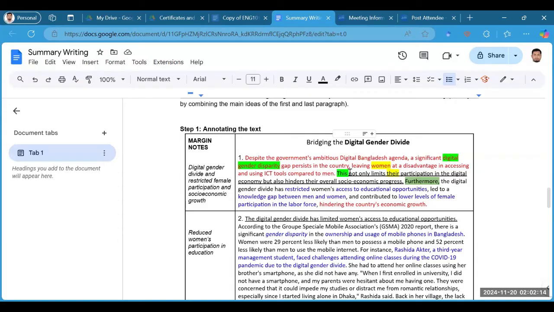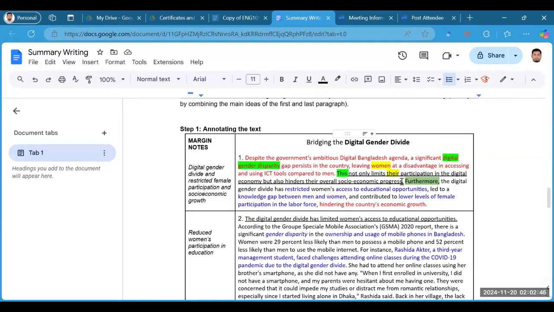Well, we have not got the central idea yet, because this is part of the central idea. The writer is claiming that this digital divide hinders women from participating in the economy, which is much more digitalized nowadays, and their overall socioeconomic progress is limited and restricted because of this gender divide.